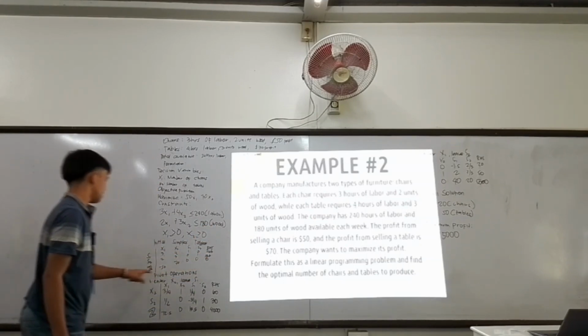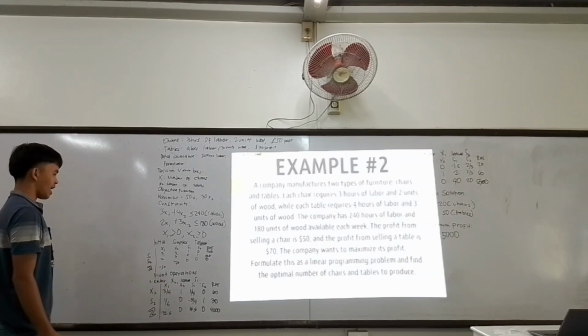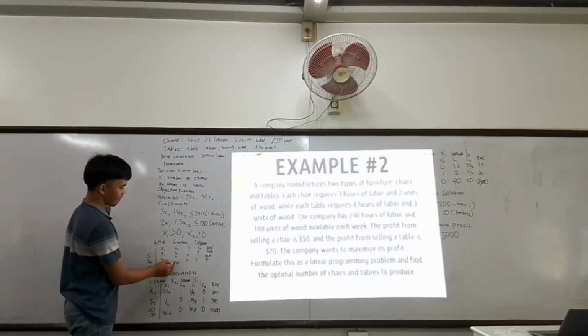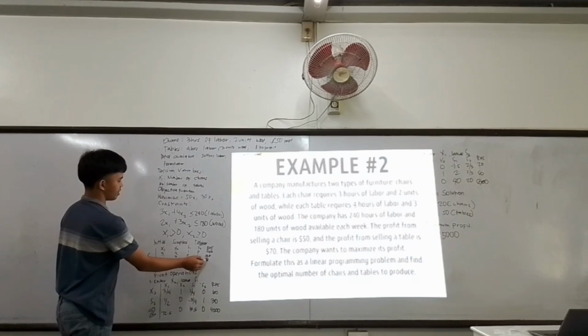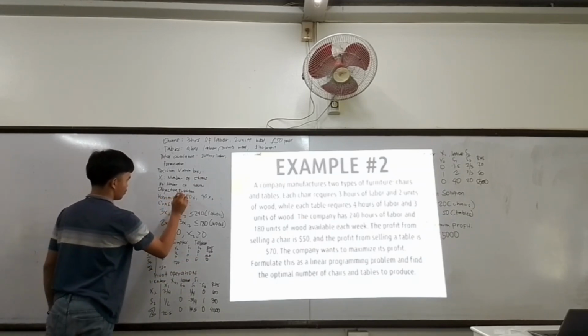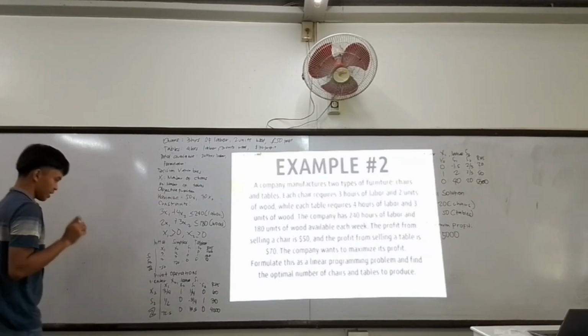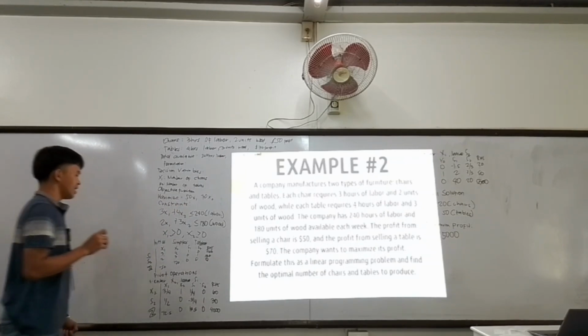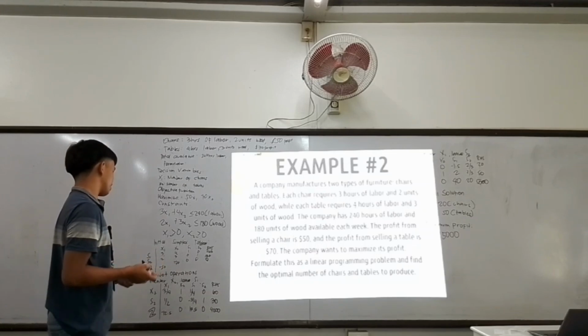And for Z, we have negative 50, negative 70, 0, 0, 0. So we have to change the positive sign to negative sign since we're dealing with maximization.